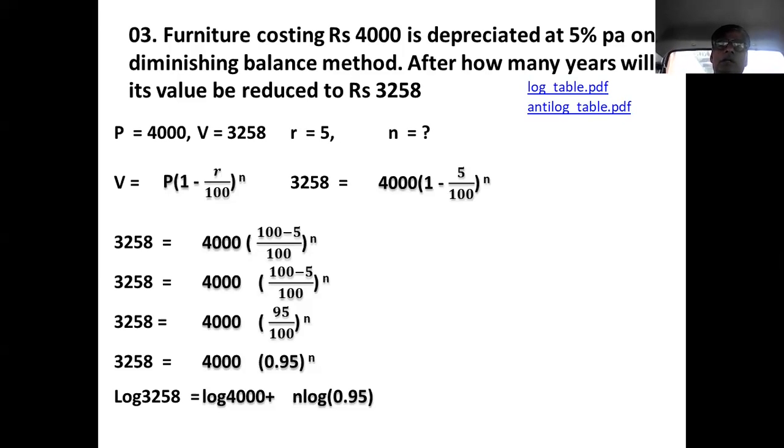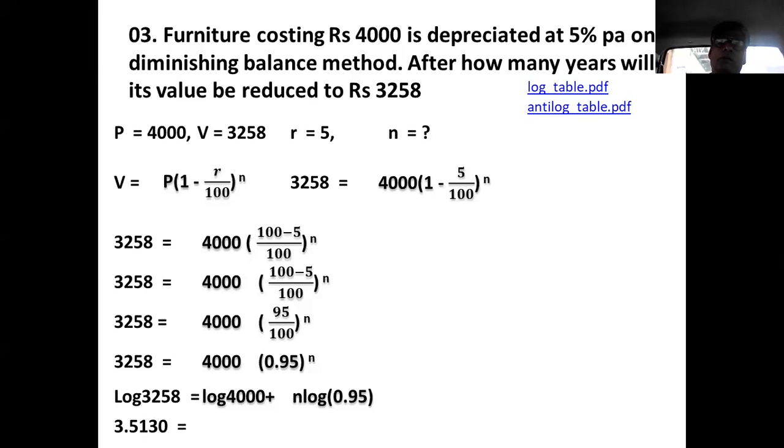Then you see in the logarithm table 3258: 32 first column, 5 mean difference column, 8 mean difference column, and its value is 3.5130. 5130 is the logarithm value.